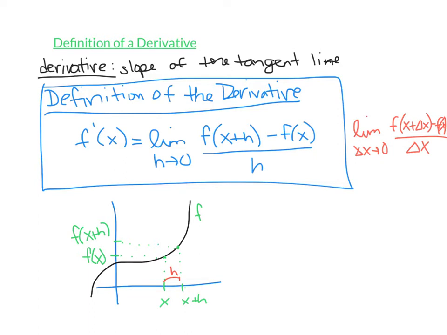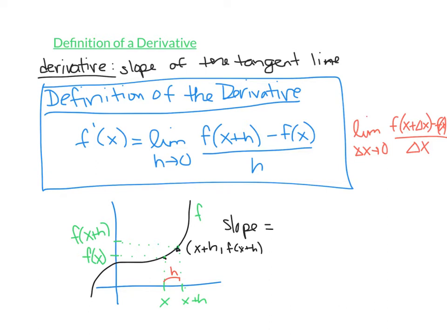So remember that to find the slope, you do change in y over change in x. So I'm going to actually write these as points. So this point right here is x plus h, f of x plus h.